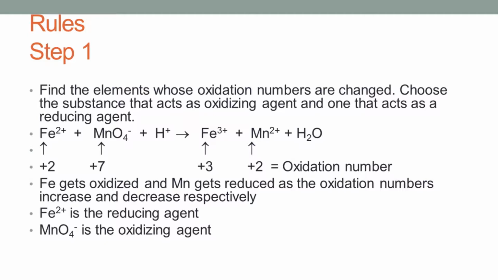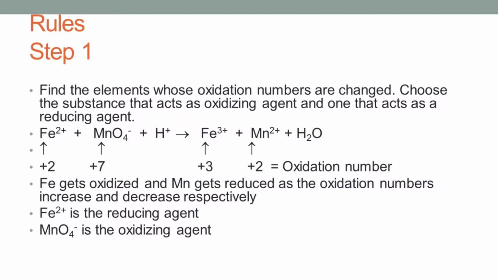Manganese in manganate ion. The formula of manganate ion is MnO4-. Manganese has an oxidation number of X. 4 oxygens times -2 makes it -8. The net charge of the polyatomic ion is -1. Therefore, manganese should have an oxidation number of +7.